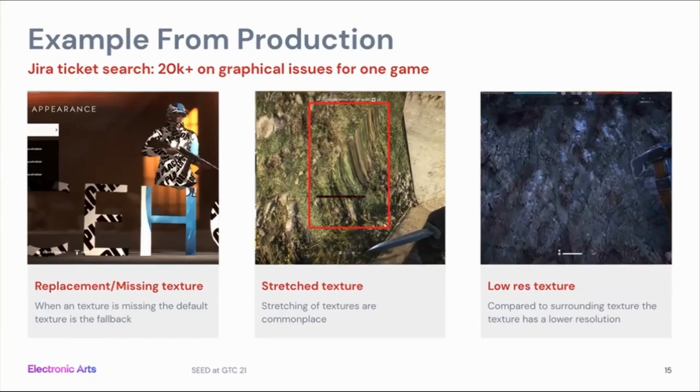Maybe it's been lost from the database, or maybe it never existed even. Also, you have stretched textures and low resolution textures. And also, it's basically what it sounds like. There's something wrong with the texture on the object or the asset, stretched or low resolution.